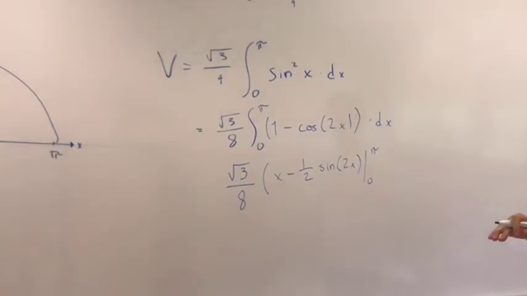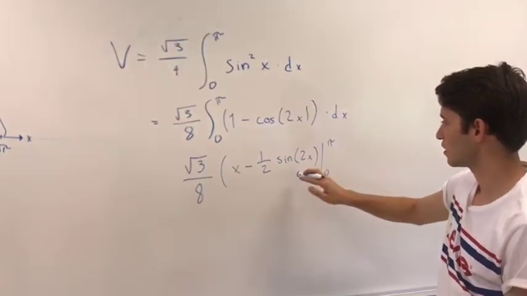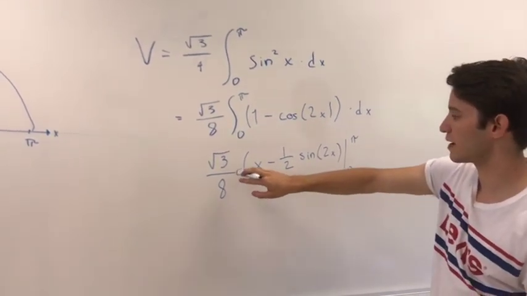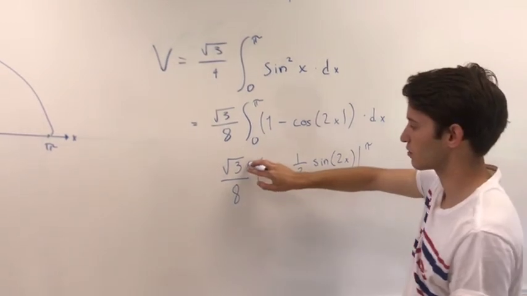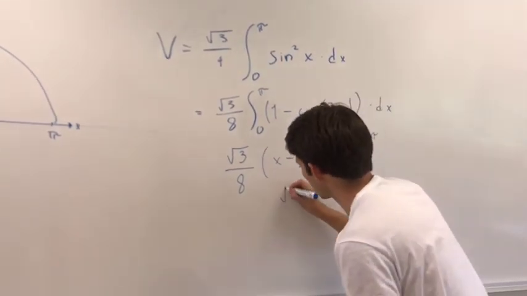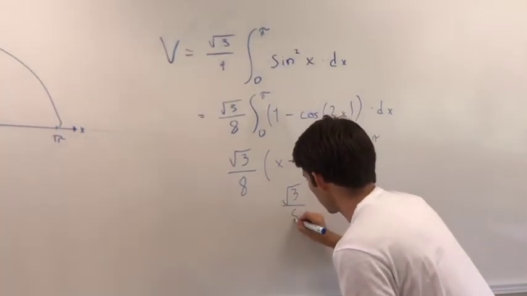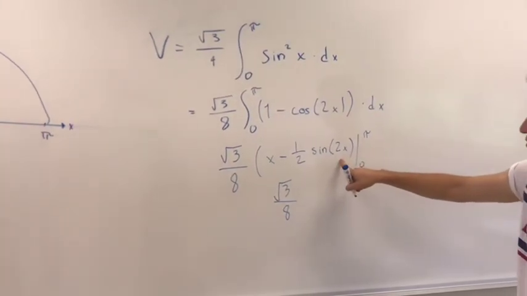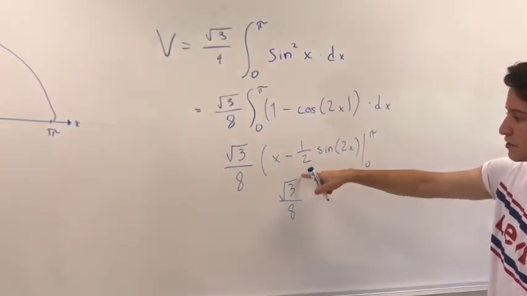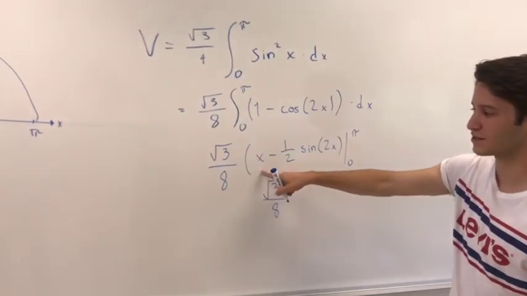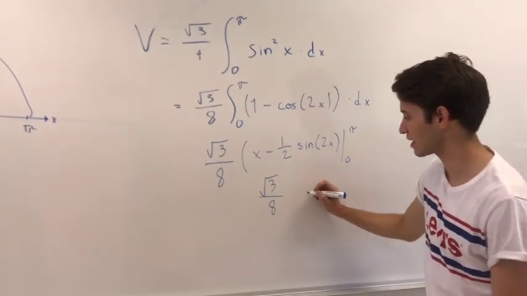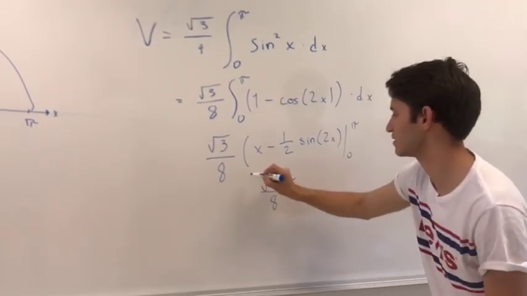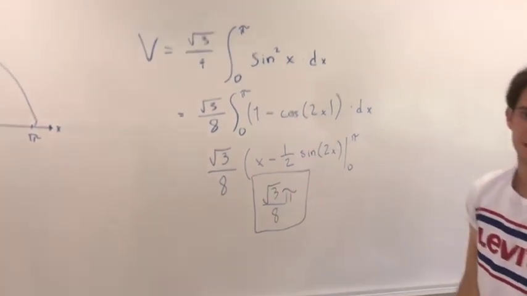As well as the last one, this is 0, so it's just pi times square root of 3 over 8. And sine of 0 is 0, times 1/2 is 0, minus 0 is 0, so everything cancels, and this is the answer. That's it.